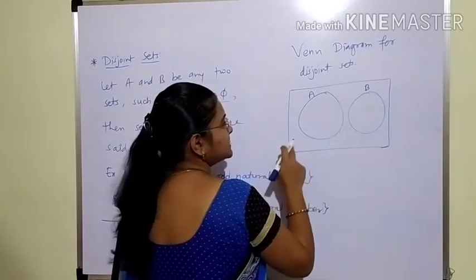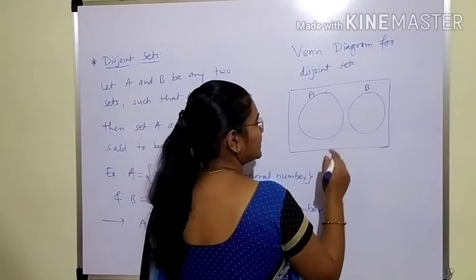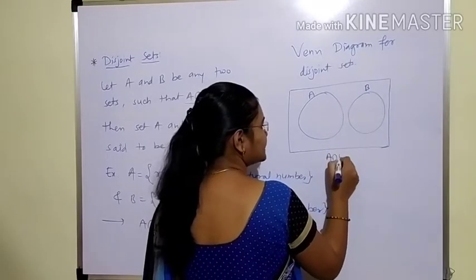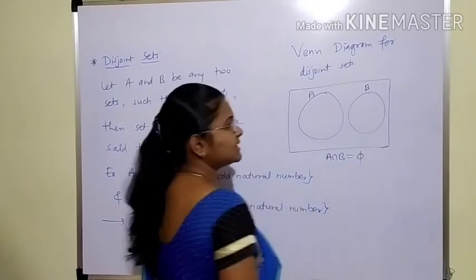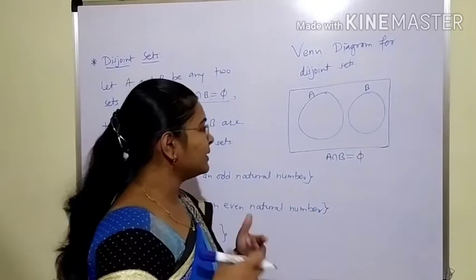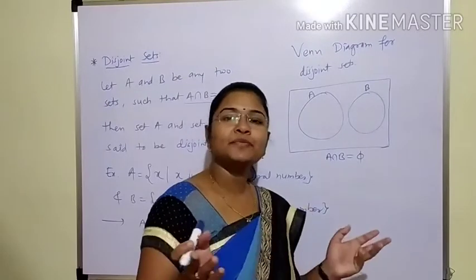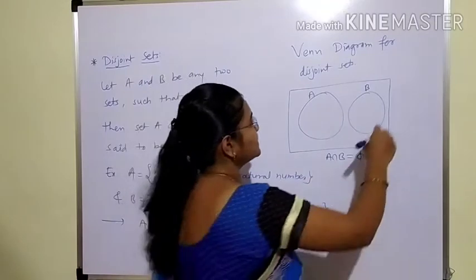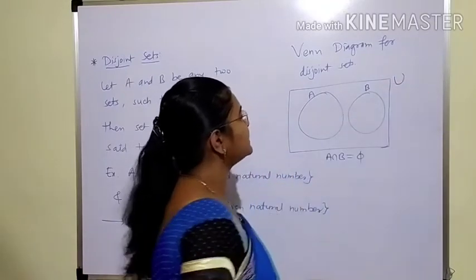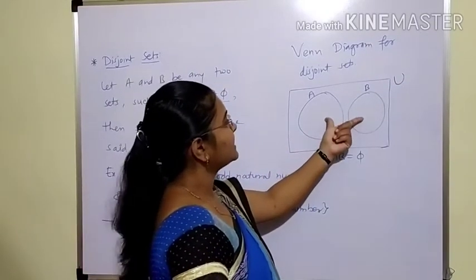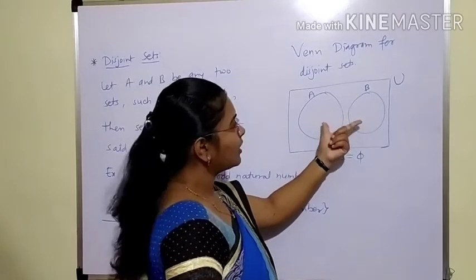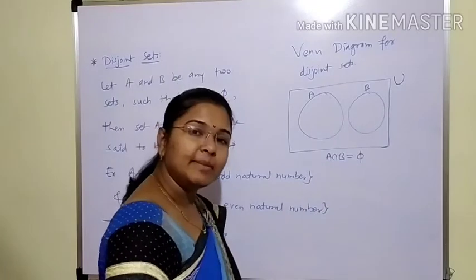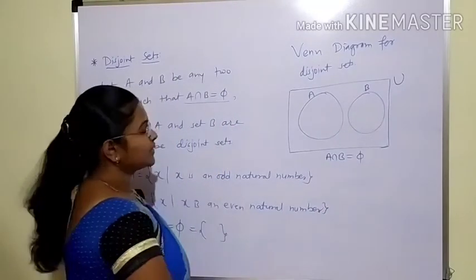So here A intersection B is empty set. In their intersection no element is there, so no need to shade their intersection because it is already empty set. Getting? This rectangle shows the universal set, and here set A and set B are not intersecting or overlapping each other. So their intersection is an empty set. Getting what is meant by disjoint sets?